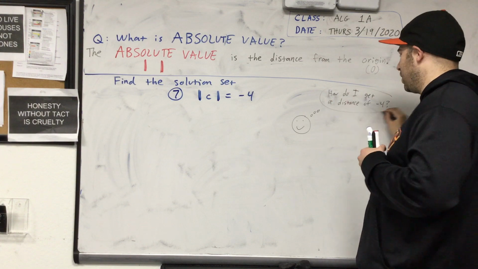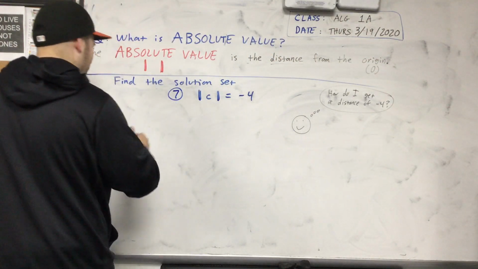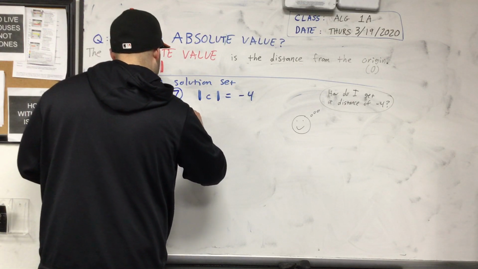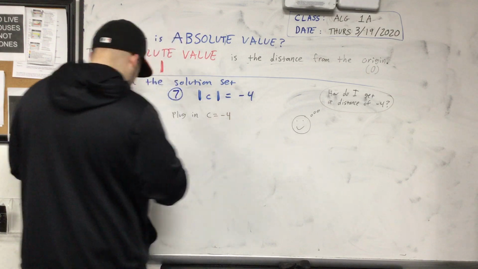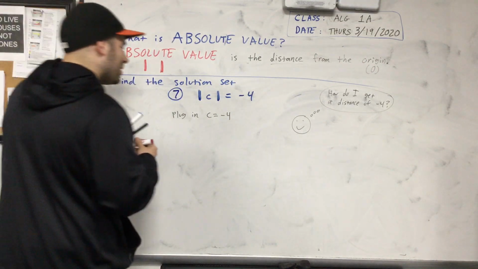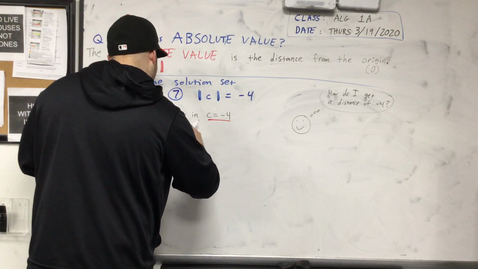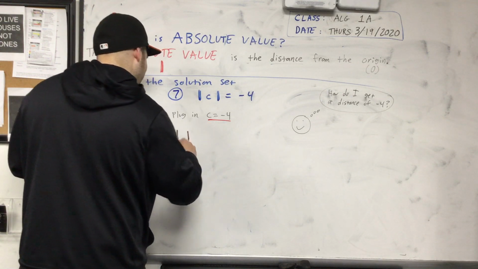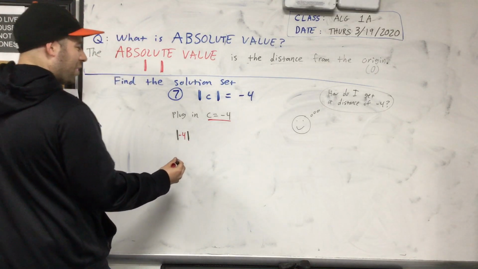Okay, so let's try some things. Well, my first instinct is to plug in C equals negative 4. So if I plug in C equals negative 4, I get the absolute value of blank, and I'm going to plug in negative 4 in for the absolute value bars.